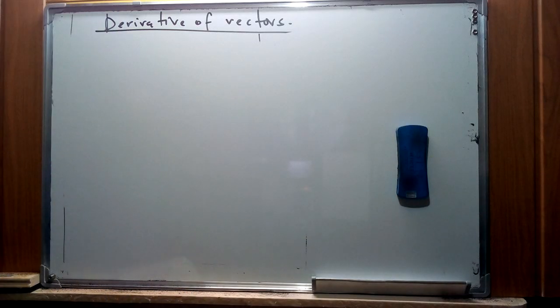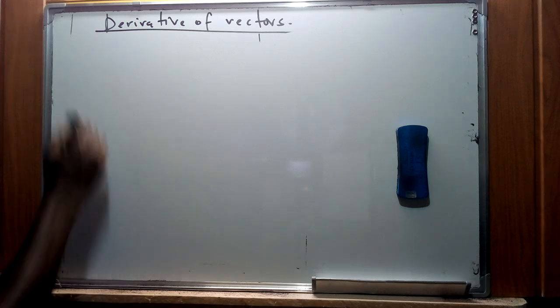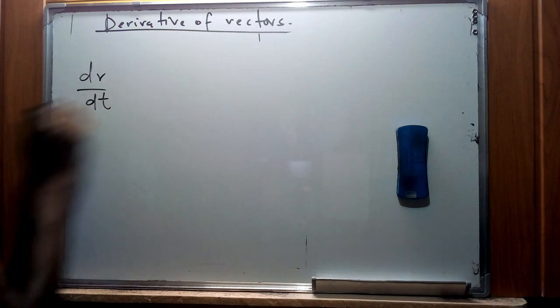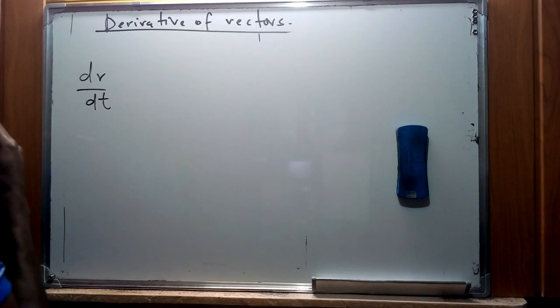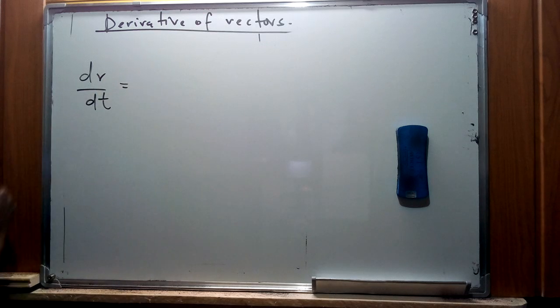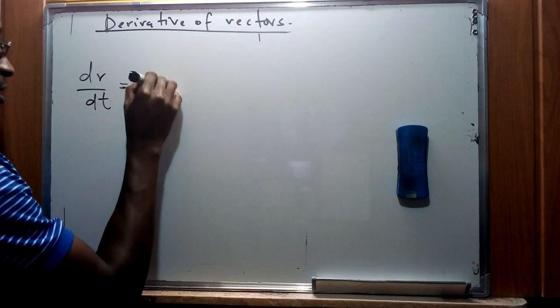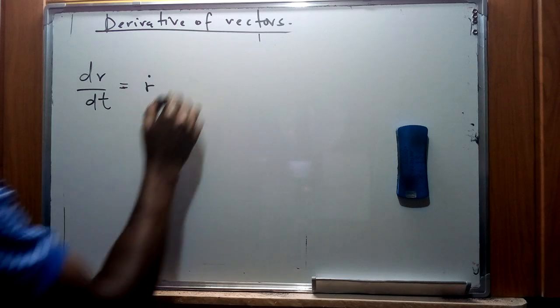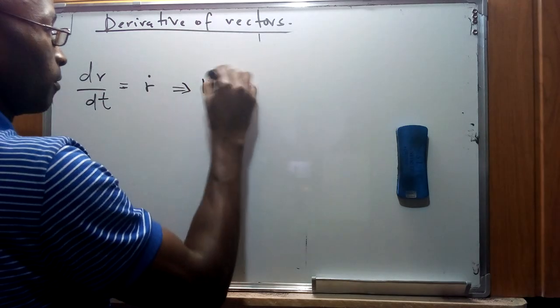Now, as we said, we can represent a derivative of r with respect to t. Now, in kinematics, this basically indicates the concept of velocity, but we're going to represent this one as r using that specific dot, and this basically implies the first derivative.